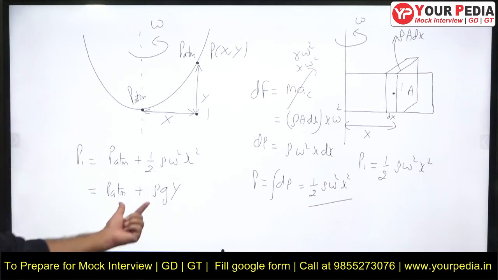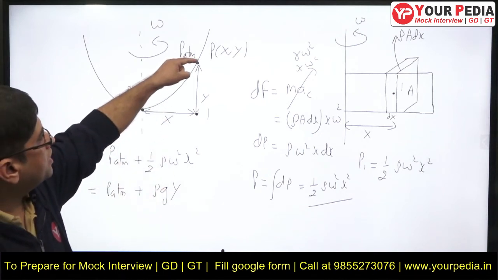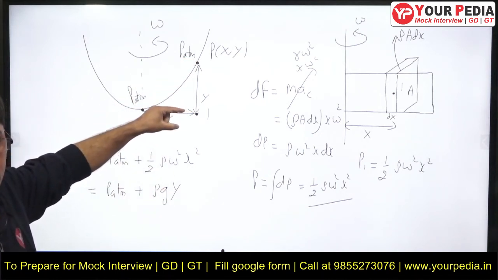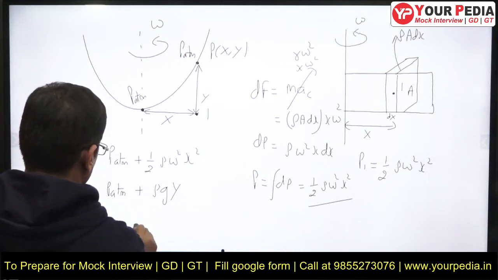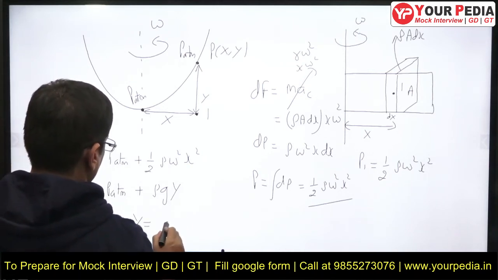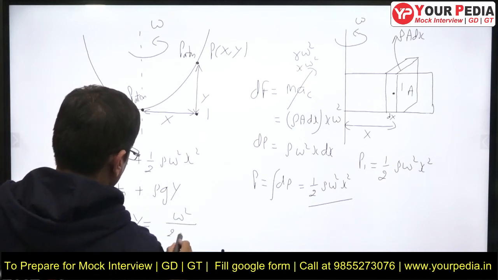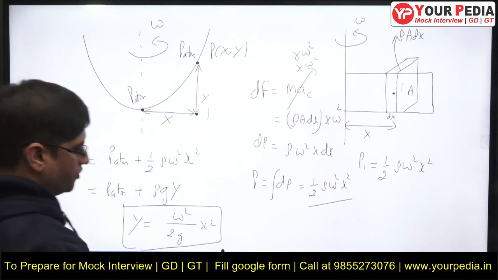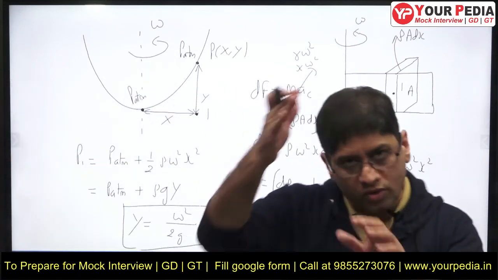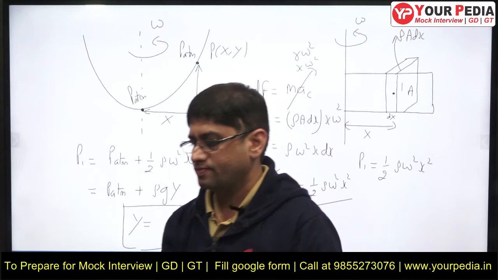Why rho g y? Hydrostatic law: pressure is atmospheric and I go down y distance, so rho g y. Equate these two, rho gets cancelled out, and you get y equal to omega square by 2g into x square. That is the profile of the liquid surface.